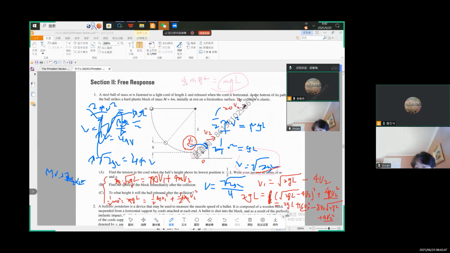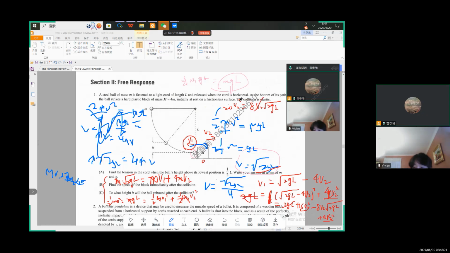And this 2gl and this 2gl are out, right? So then there's only 8 v2 square root 2gl, right?